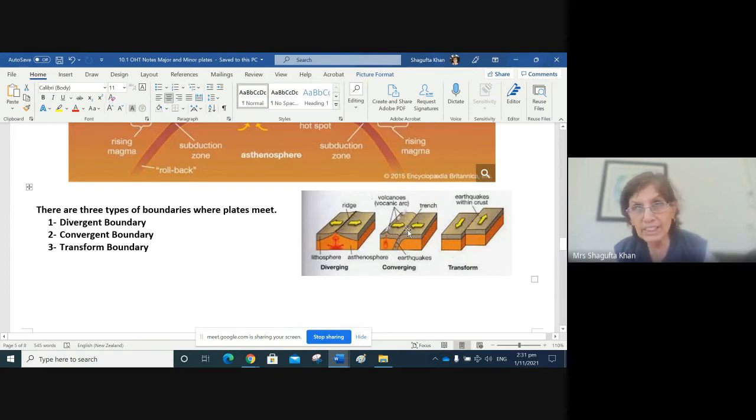Under continents, this one over here, this is continental crust. This one is lighter. The oceanic crust, which is underneath the oceans, is much denser. So when these plates move towards each other, if one is denser and one is lighter, the denser will dip down into the mantle, and the lighter one will slide on the top.